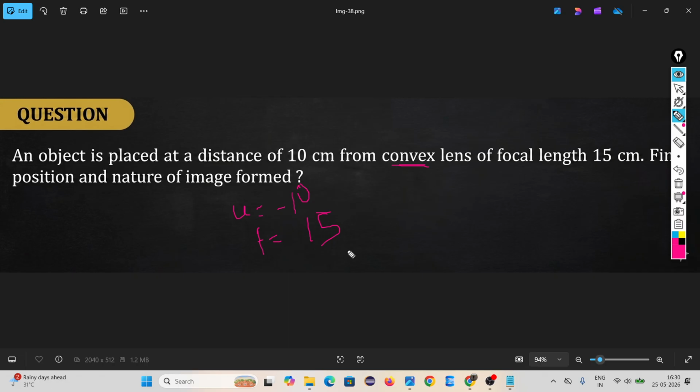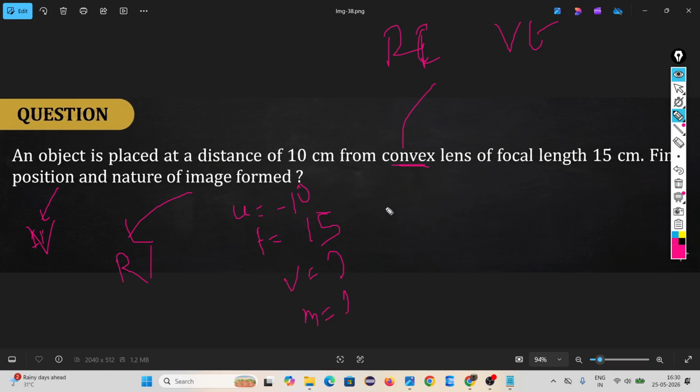Position means image distance, that is v, and nature of the image means real and inverted or virtual and erect, because a convex lens creates both kinds of images. First I am finding v, and m is asked.